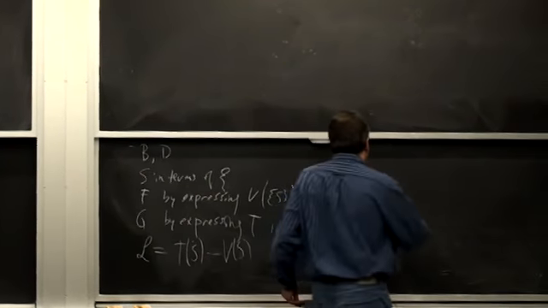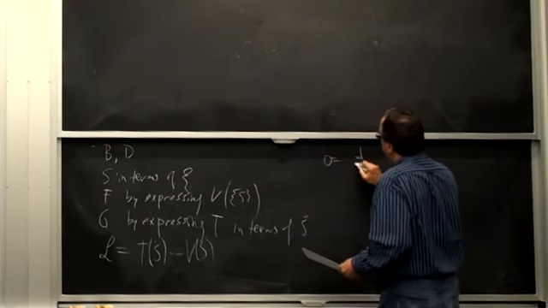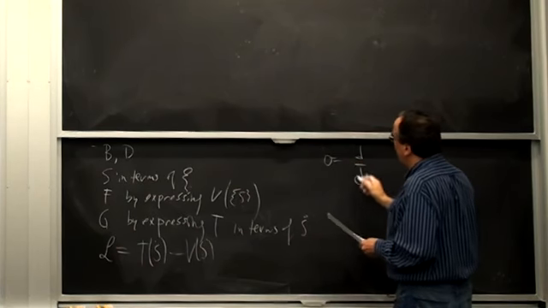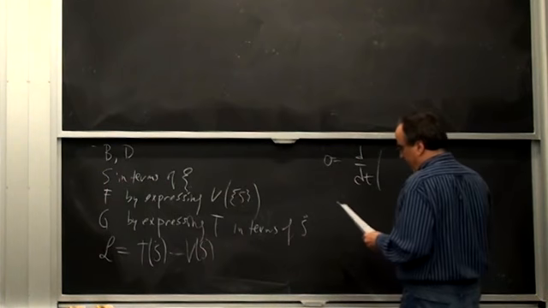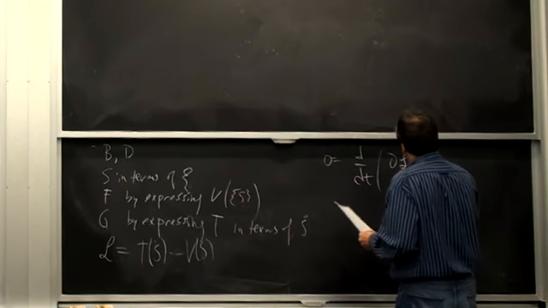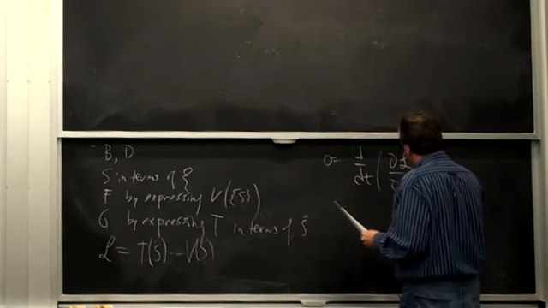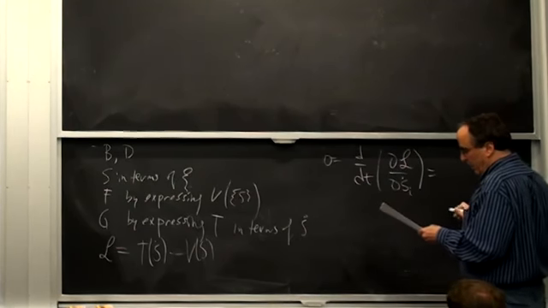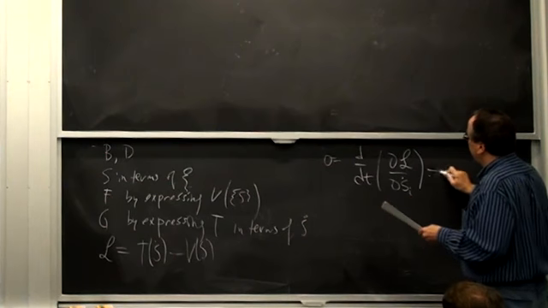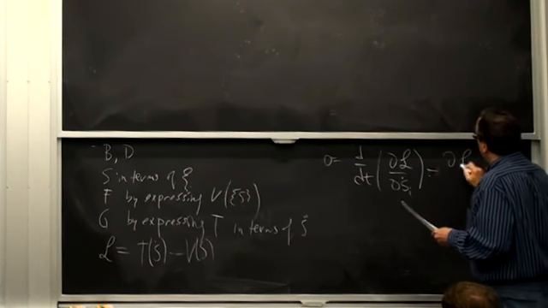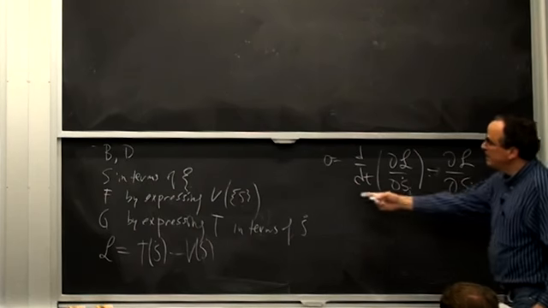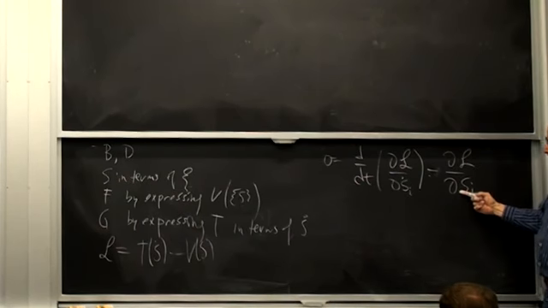That's just because the Lagrangian equation of motion is just this: the total derivative with respect to time of the partial derivative of the Lagrangian with respect to S_i dot is equal to the partial of L with respect to S_i. So this is the equation of motion.